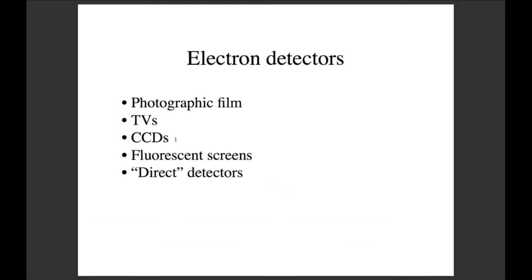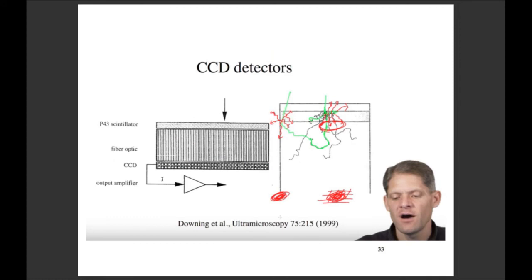And then the technology that was most used was what's called a charge coupled device, and that's what these CCDs are. And now we're in the era of the direct detector. With CCDs, you have incoming electrons and they hit what's called the scintillator, and the scintillator converts electrons to photons, which are then converted into a signal through the CCD.